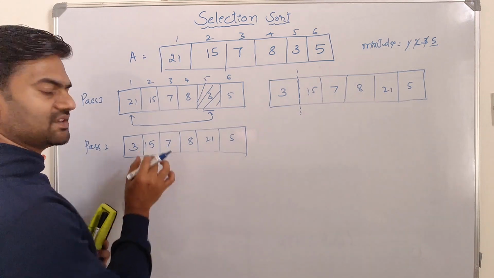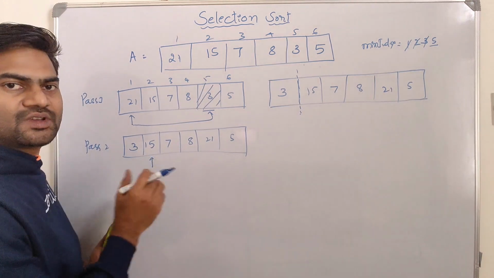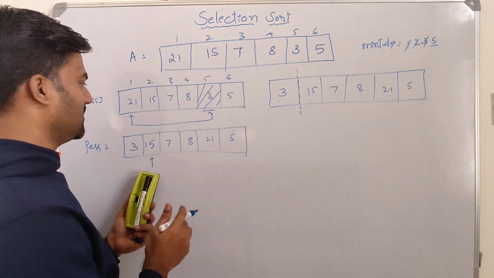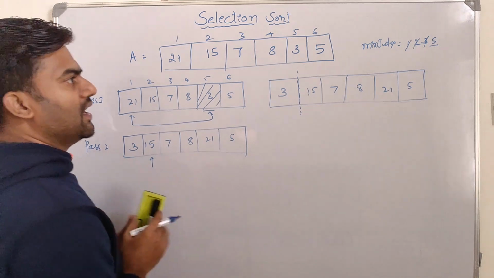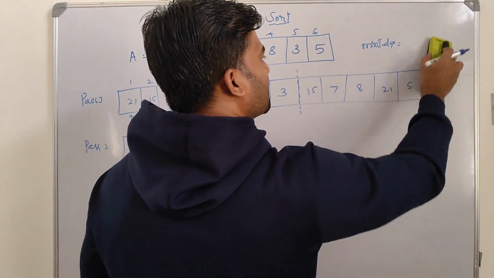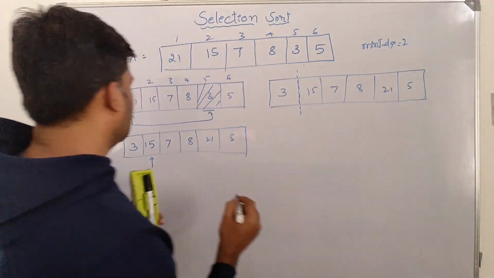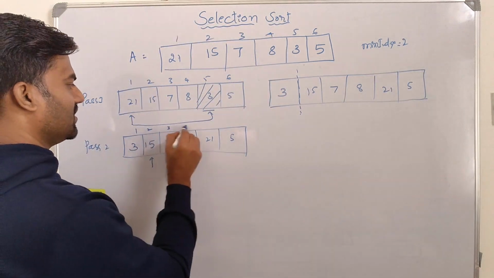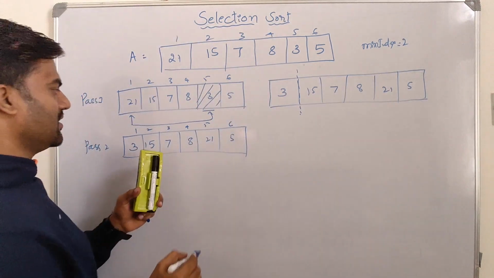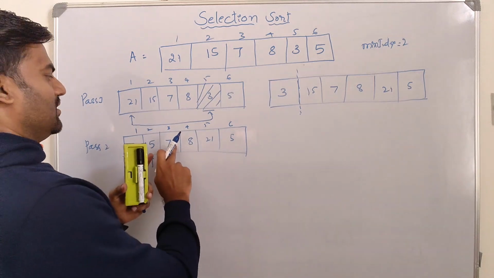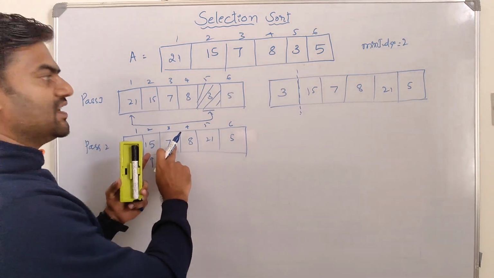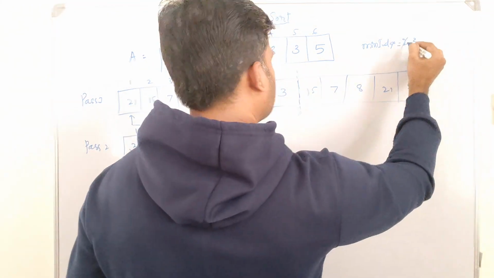This is the place where I want to keep the next minimum element. So I will again reset the minimum index. Now minimum index points to 2. Then 7 is less than 15. Yes, so I'll update this with 3.